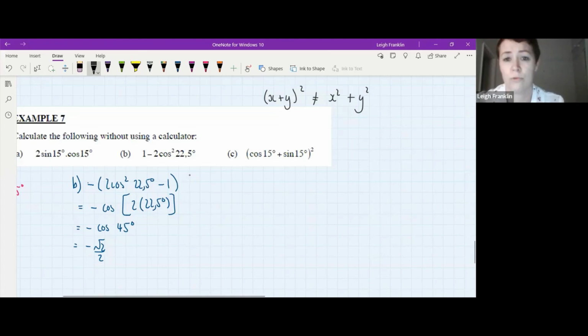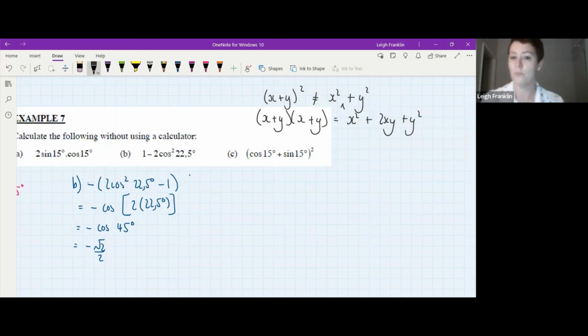This is wrong. Remember, a square in maths is an instruction to multiply something by itself. So if we're squaring a binomial, we're doing FOIL, which means there has to be a middle term. So we get x squared plus 2xy plus y squared.